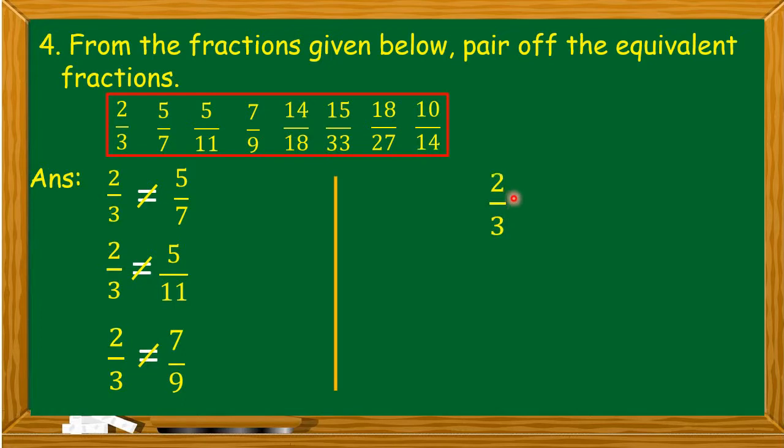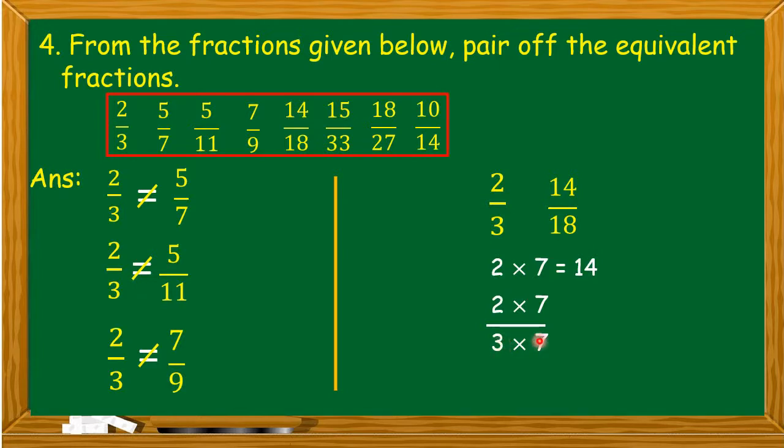Next, we compare 2 upon 3 with the fraction 14 upon 18. Now here 14 is a multiple of 2. 2 into 7 is equal to 14. Since we multiplied the numerator by 7, we also have to multiply the denominator of the fraction by the same number, that is 7.